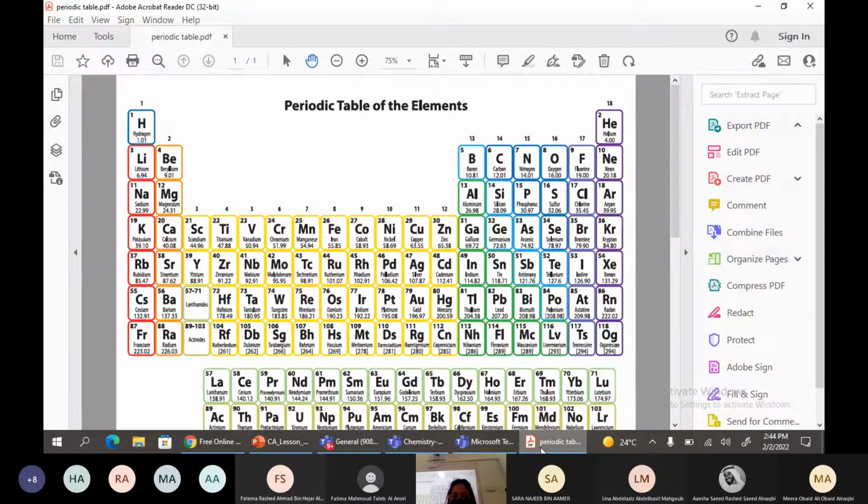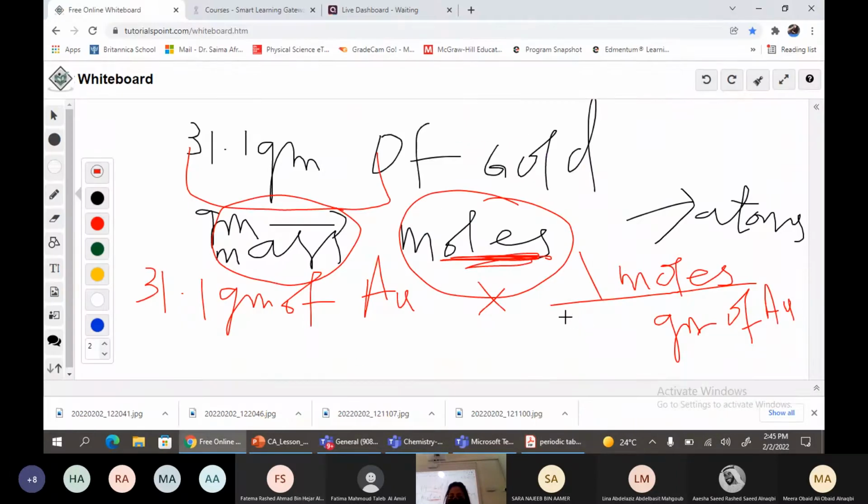What is the mass of gold? Okay, Fatma said it is 196.97 gram. As we know already, this unit cancels with this unit and you are left with moles only. So 31.1 grams multiplied by 1 divided by 196.97.